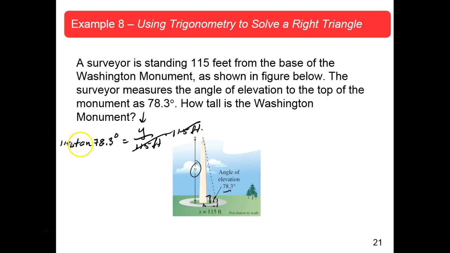The units sort of get in the way. So here we have y is equal to 115 feet times the tangent of 78.3 degrees. Got your calculator? Make sure you're in degree mode, and see what you get.